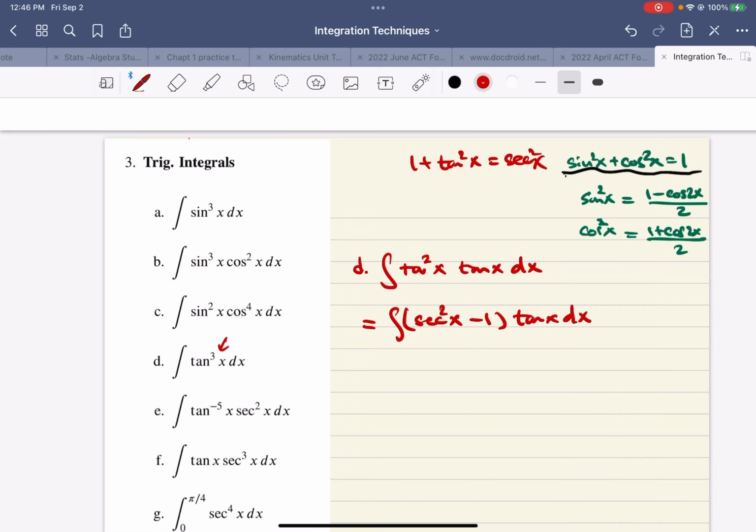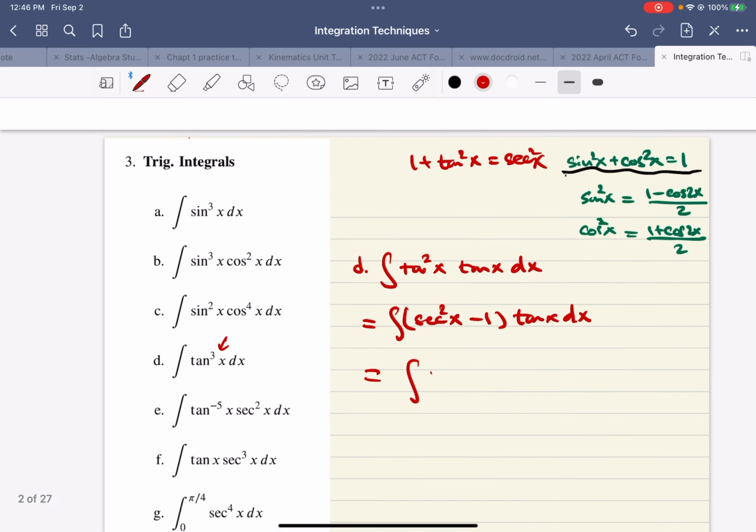And then we know, so you can distribute now. So integral, so next step, tangent x secant square x dx minus integral tangent x dx.